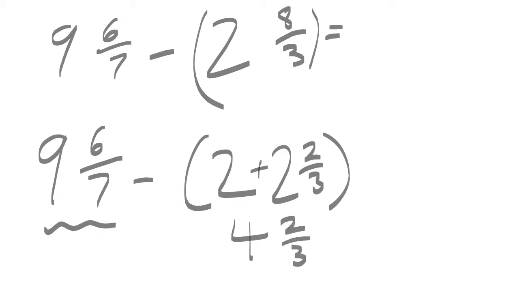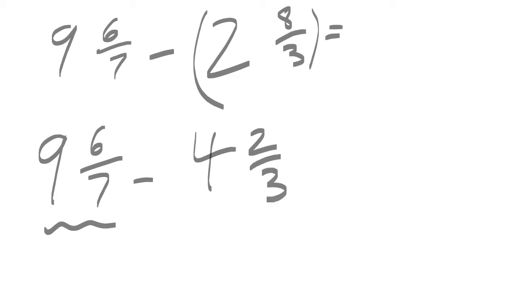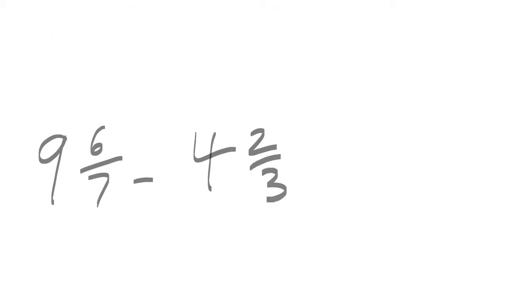So the sum is 9 and 6/7 take away 4 and 2/3. That's really our new sum. It's the same as the other one, but we've converted it so that we no longer have an improper fraction.